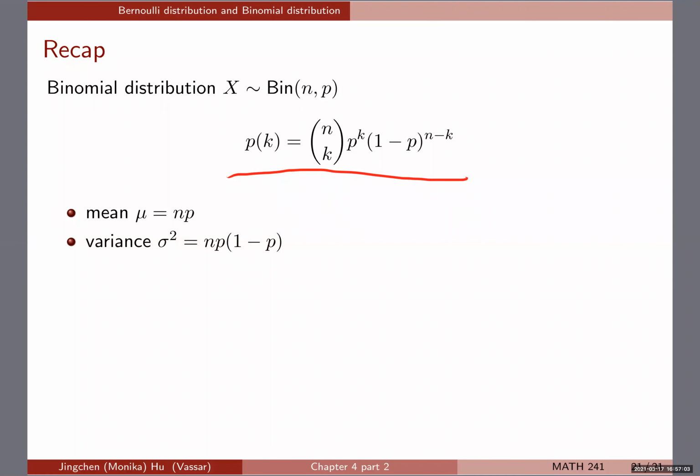In fact, we used the binomial theorem to show that the sum of all of the PK adds up to 1. Keep in mind how they're related. Lastly, the mean of the binomial distribution, mu, is n times P, and the variance, sigma squared, is n times P times 1 minus P. And we saw a very straightforward application of this earlier, figuring out the mean and the variance of a particular binomial distribution.